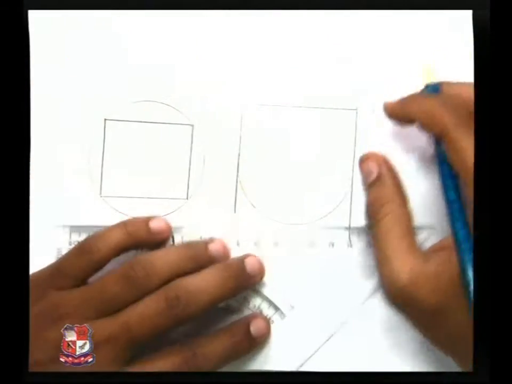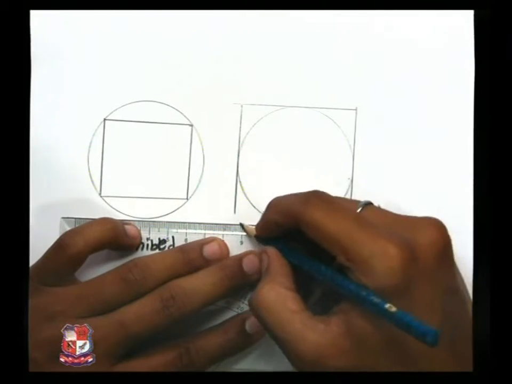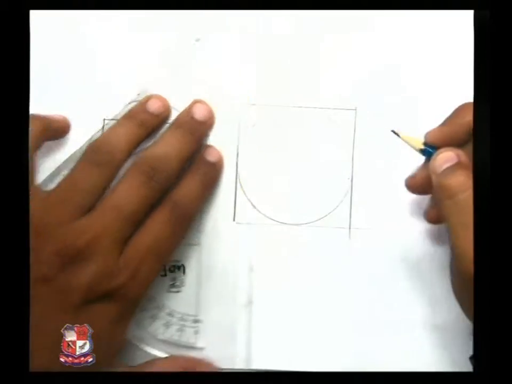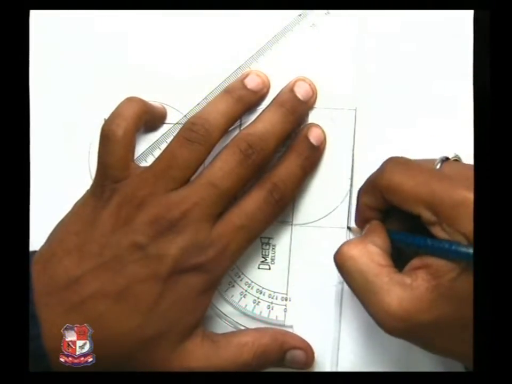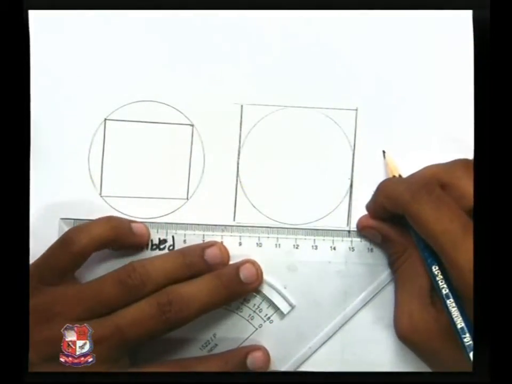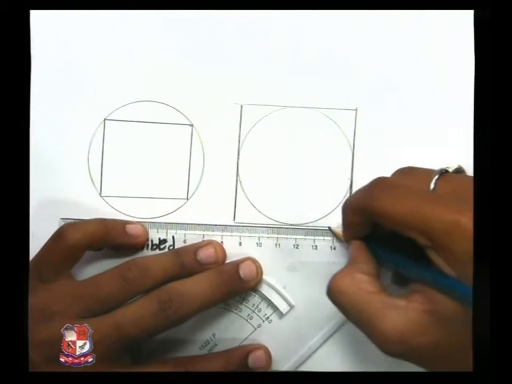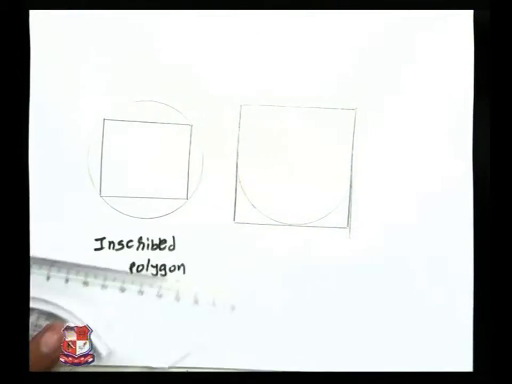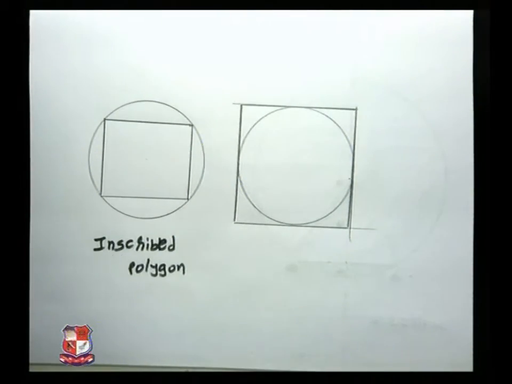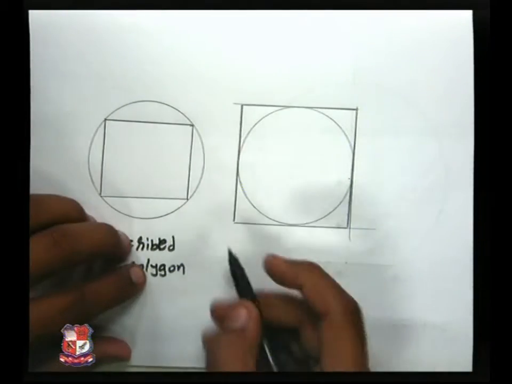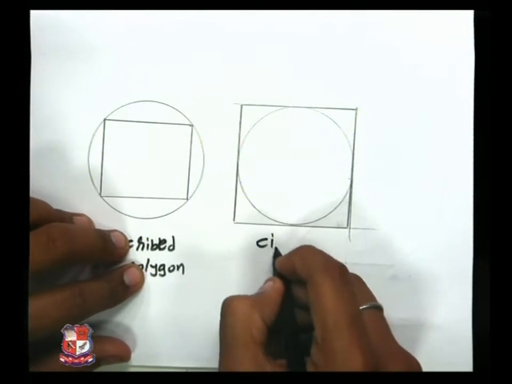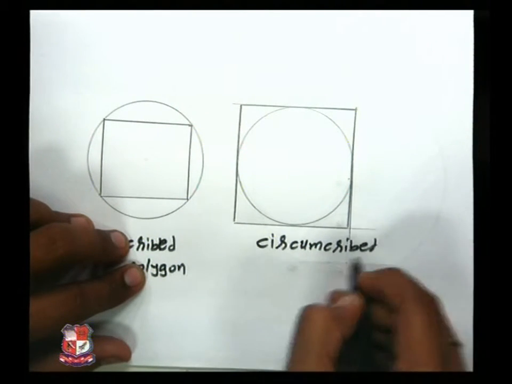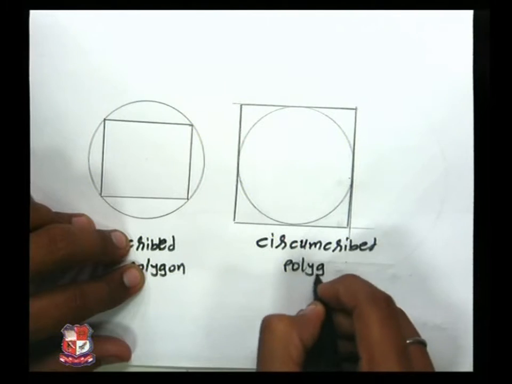If the circle is tangential to the polygon, if the polygon is tangent to the circle, which means it is outside like this, then this kind of polygon is described as a circumscribed polygon.